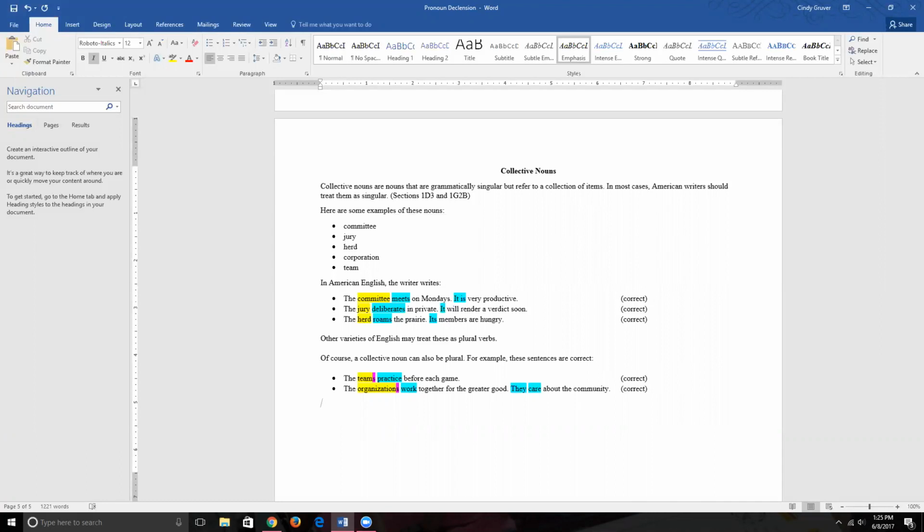And the first draft of what you write, it's even okay to have that error there. But once you're getting closer to the finish line, several drafts down the road, that's when you're going to want to go through and have one check where you're making sure, hey, I'm using they as my antecedent noun singular. If it's a collective noun and it's grammatically singular, I need to use it instead of they.